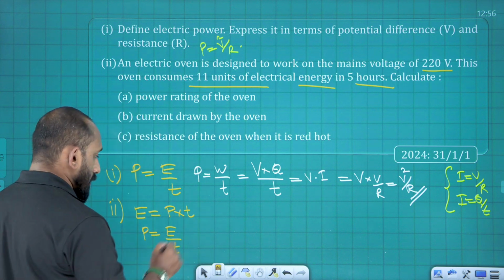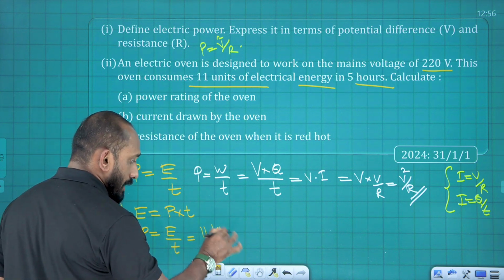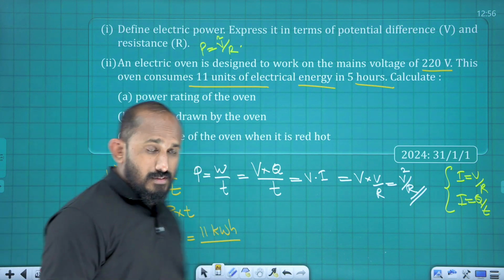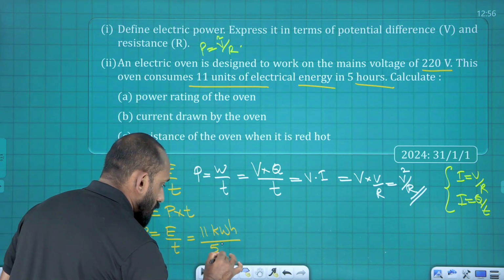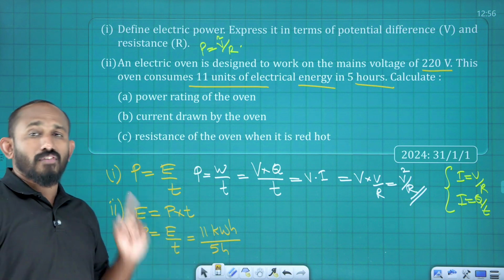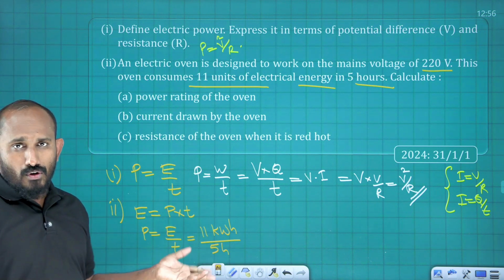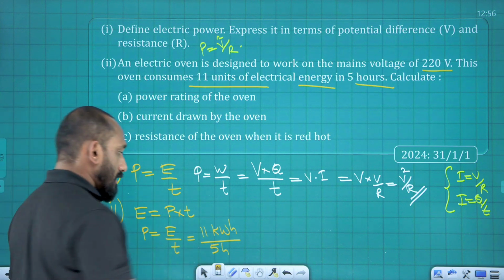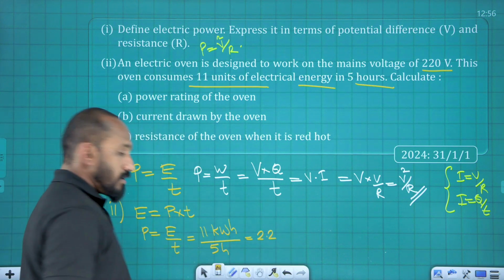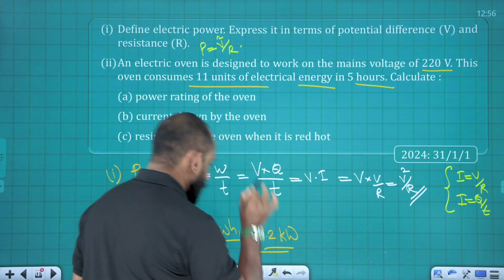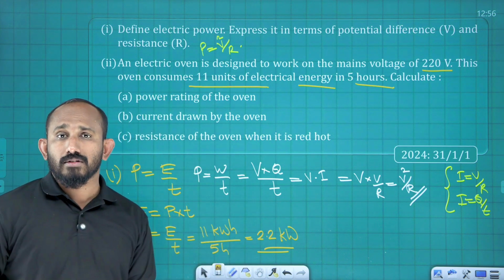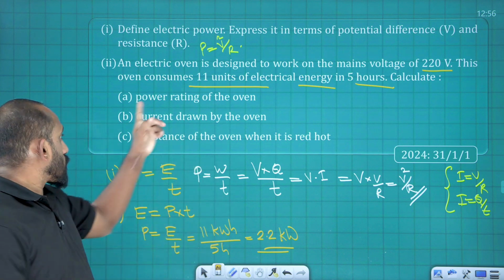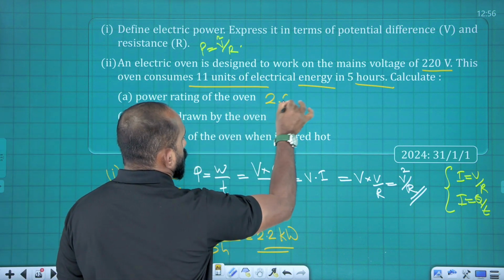So energy is 11 kWh divided by time, 5 hours. The hour cancels. 11 by 5 is 2.2 kilowatts, which is the power rating.